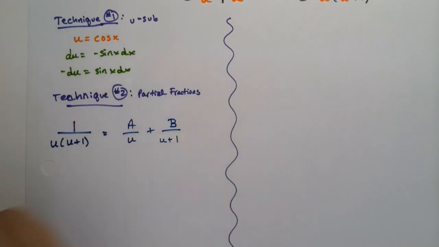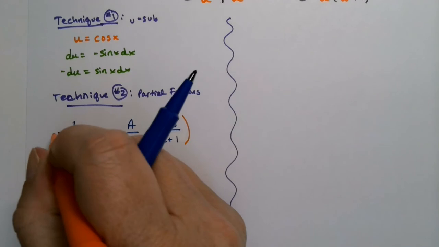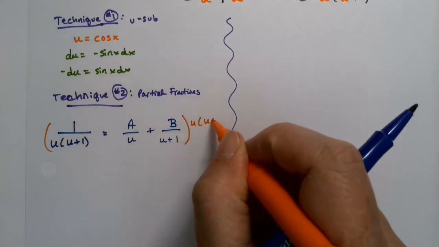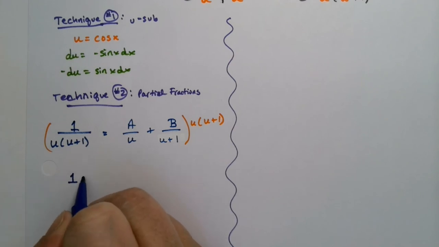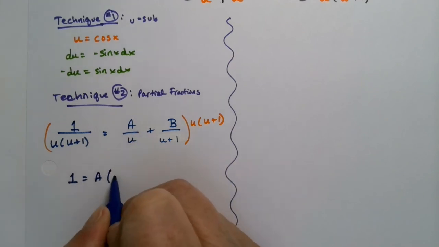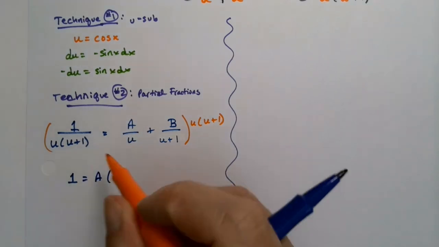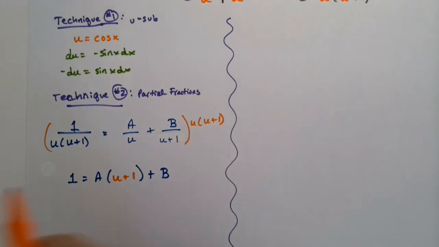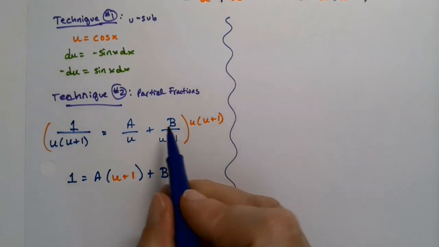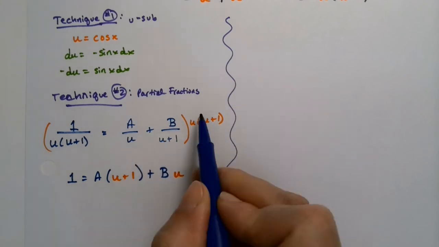All right, so then what do we know? We multiply everything by u times u plus 1 in our heads. Over here, we're left with 1 equals a times u plus 1 plus b times u. Because over here the u plus 1s would cancel, over here the u's would cancel.